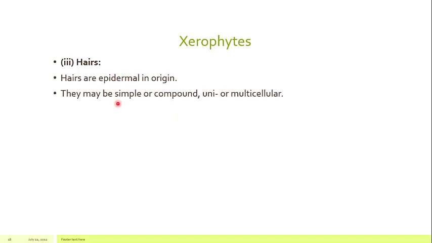They may be simple or they may be compound. What simple and compound mean is that there is only one single hair originating from the epidermis, or that single hair may be variously branched, or it may form a very dense structure. As far as their constituent cells are concerned, they may be unicellular or multicellular.